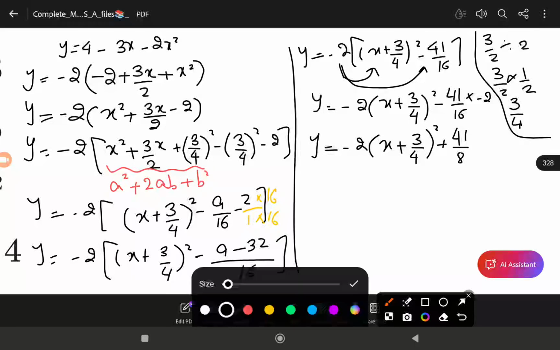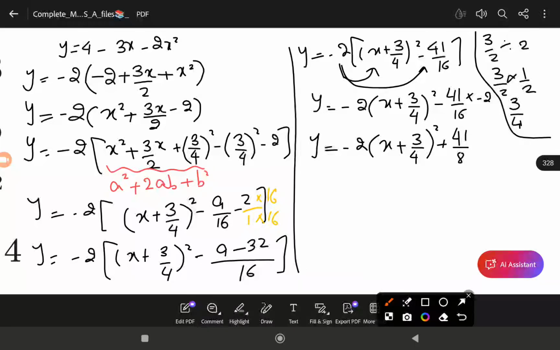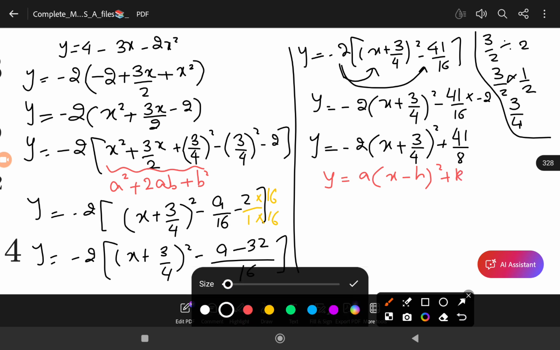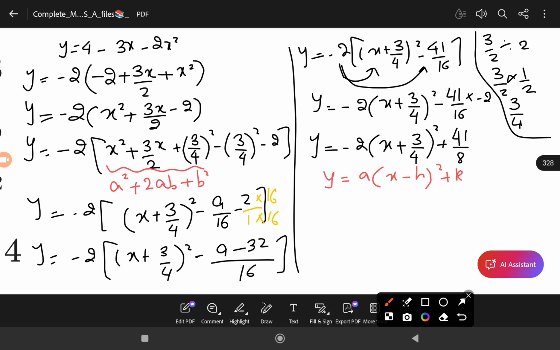As we know, the standard form is y equals a bracket x minus h whole square plus k. So h and k will be the turning points.